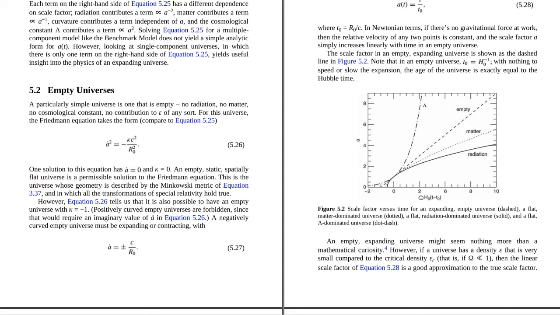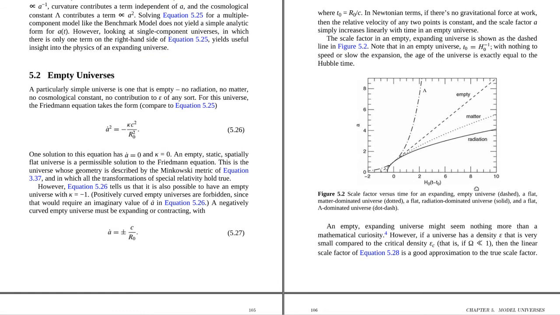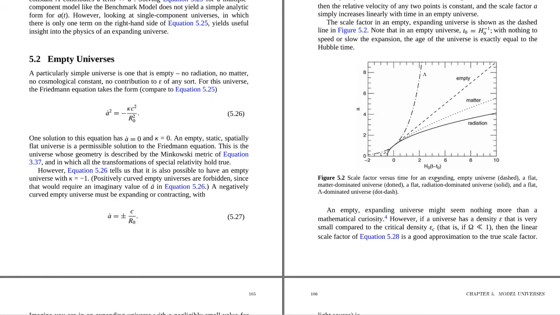The Hubble constant has dimensions of 1 over time, so this product is actually dimensionless. This is a common way of writing time in a cosmological context. So you exactly know what this coordinate being 0 corresponds to, and so on and so forth.